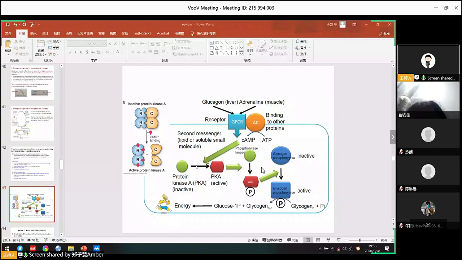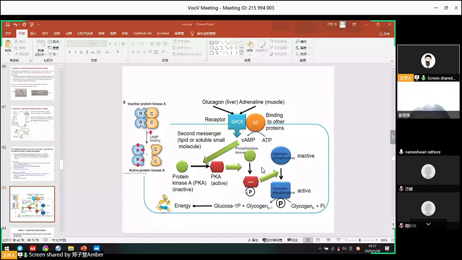And PKA, how is PKA activated? Because it can combine with cAMP. This is the important part in the chapter of cellular signaling. And the activated PKA can phosphorylate phosphorylase kinase, okay?